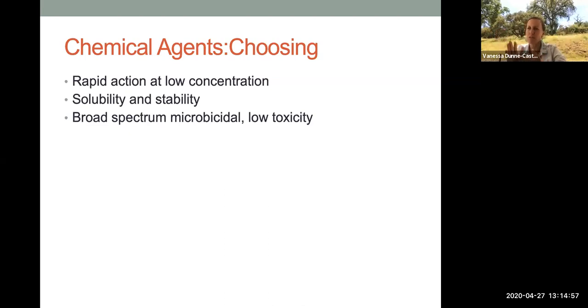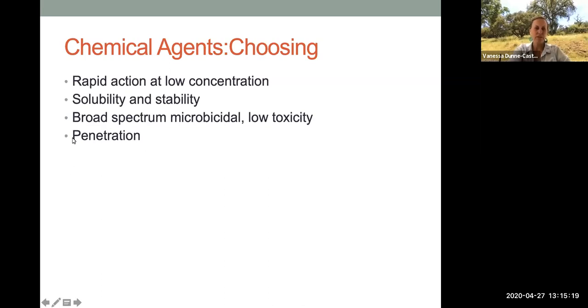Like if you're trying to kill Pseudomonas, you can choose a highly fine-tuned chemical agent to kill Pseudomonas in particular. But unless you know that that's the only thing on that surface or fomite, you want to expand the spectrum of activity as much as possible to be the most effective type of disinfectant.